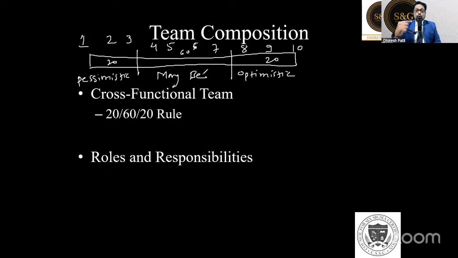Make a note of this: people who have no, never, not possible, neither, any N words in their vocabulary. Whenever you share an idea, they will say no, not possible, not here, not with us. Are you understanding? So this is one indication of pessimistic behavior.